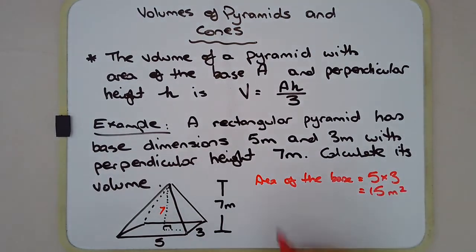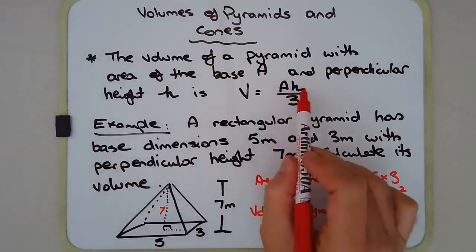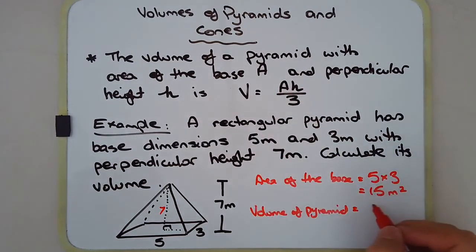All right, so the volume of the pyramid is equal to AH on 3, so it's equal to 15 times 7 over 3, and that's equal to 35 cubic meters.